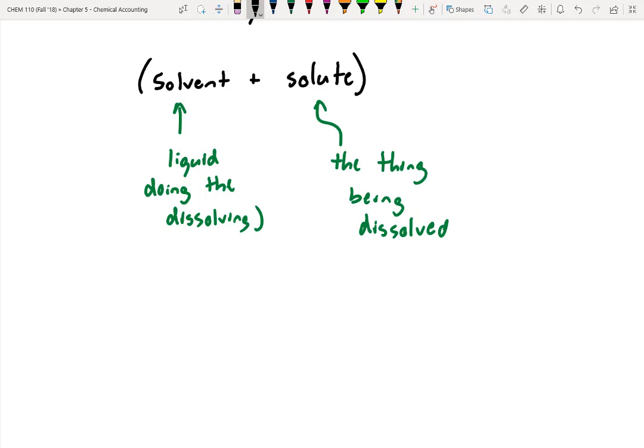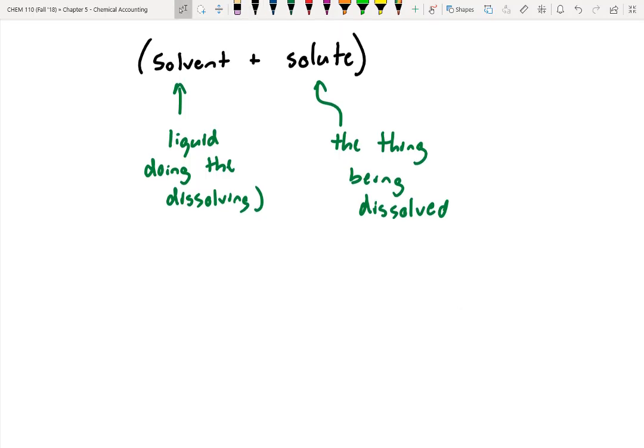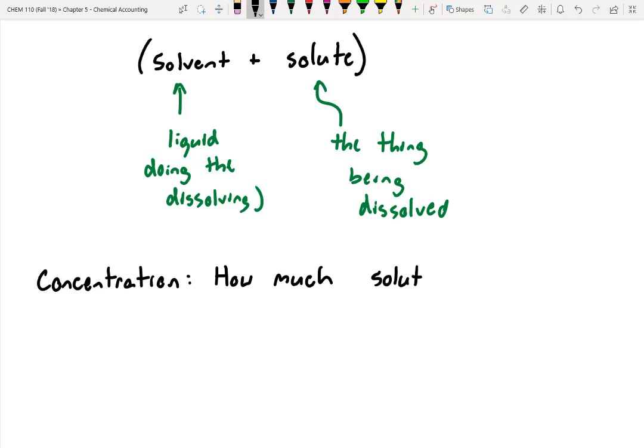All right, the next term we have to define is concentration. Concentration is a pretty simple concept. It's how much solute is dissolved in a solvent. More specifically, it's how much solute is dissolved in a given amount of solution.